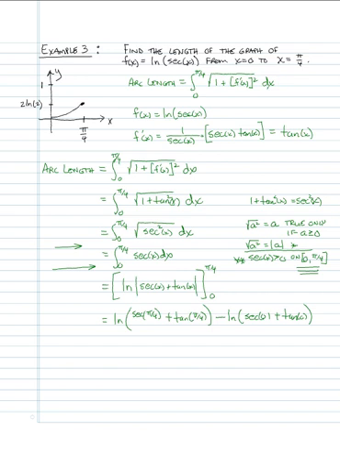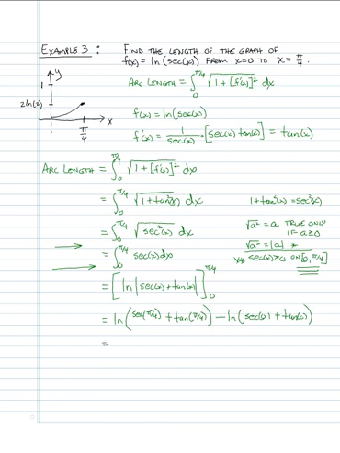And likewise, when x is 0, the secant of 0, secant being 1 over cosine, that's 1 over the cosine of 0, and cosine of 0 is 1, so that's positive. And tangent of 0, well, that's sine of 0 over cosine of 0, where the sine of 0 is 0. So that's not positive, but it's certainly not negative. So our argument there is going to be positive. No need for absolute value at this point.